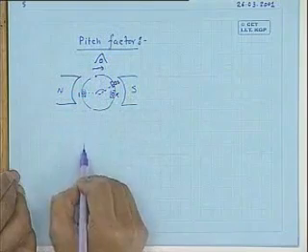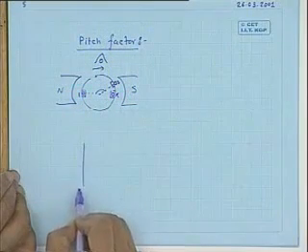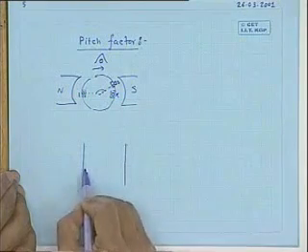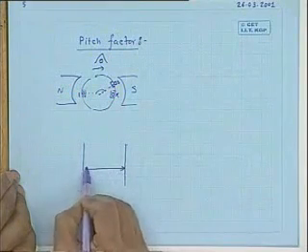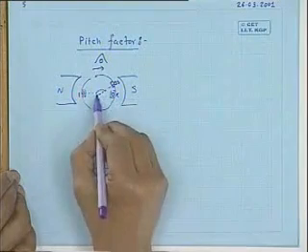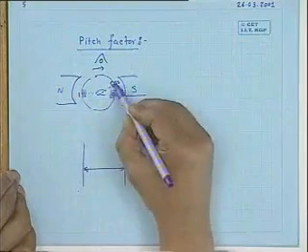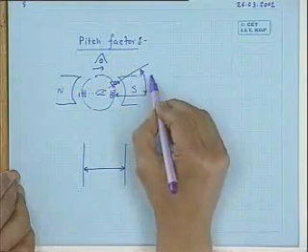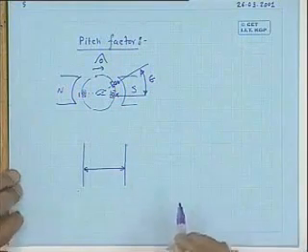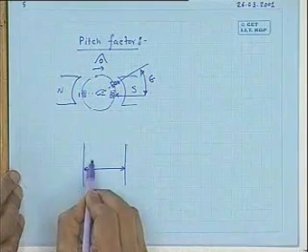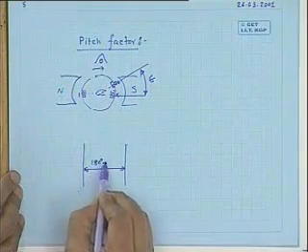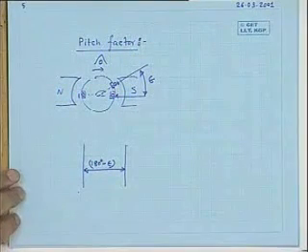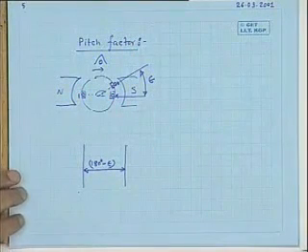If you look from here, this is coil side 1, the other coil side is there, and this span is other than 180 degree. Suppose the angle by which it is less than 180 degree, I call epsilon. So what is the coil span now? 180 degree minus epsilon, pi minus epsilon.